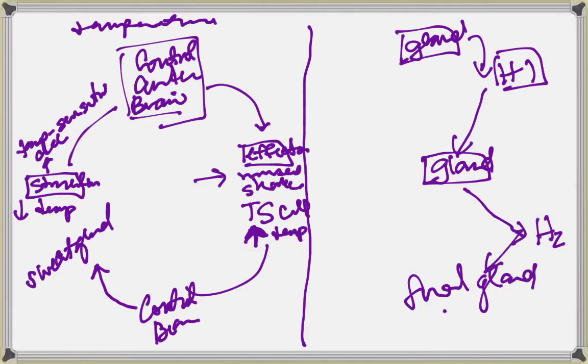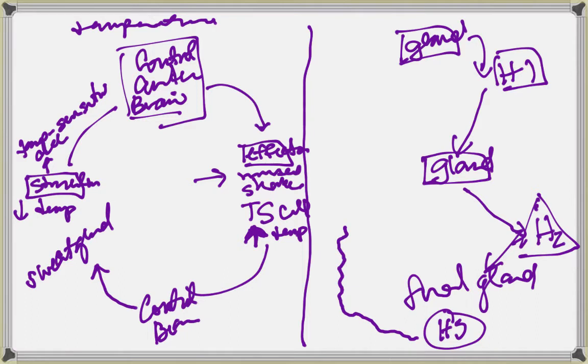And that one is going to release hormone 3. Now, this is going to be in the bloodstream, and you're going to keep making it because you're still going to keep getting gland number 1 releasing hormone 1, to go to gland number 2 so it can release hormone 2 to go to the final gland.